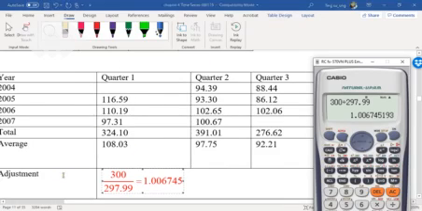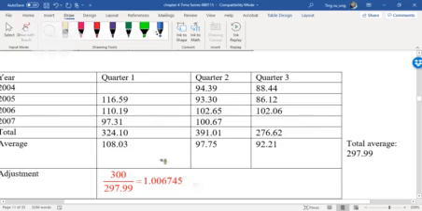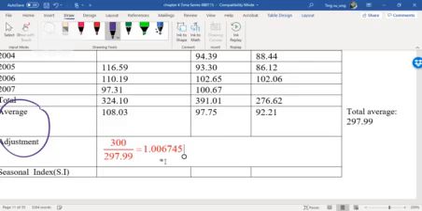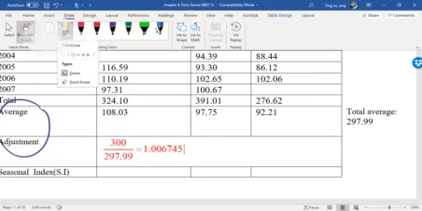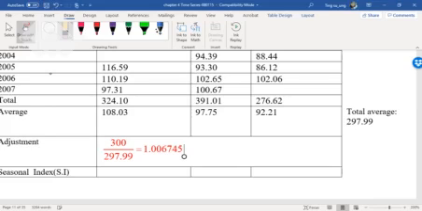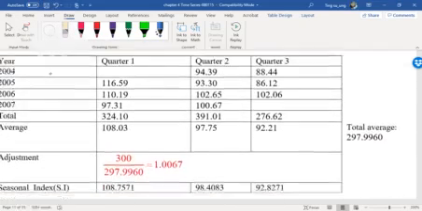But for adjustment, I advise you to have at least 4. So how to get your seasonal index? Seasonal index is your average multiplied with your adjustment. You see, everything follows the sequence. So follow the sequence involved. Okay, so just multiply it.